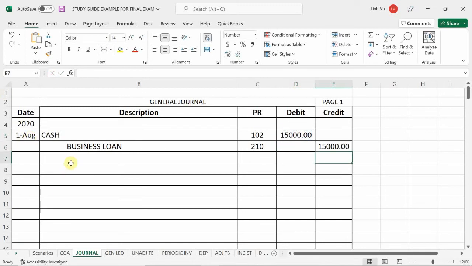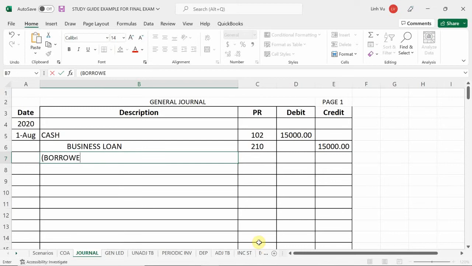You can make your note here in this case. This is for practice purposes only. So in this case, borrowed... I don't know. In this case, the descriptions are subjective.